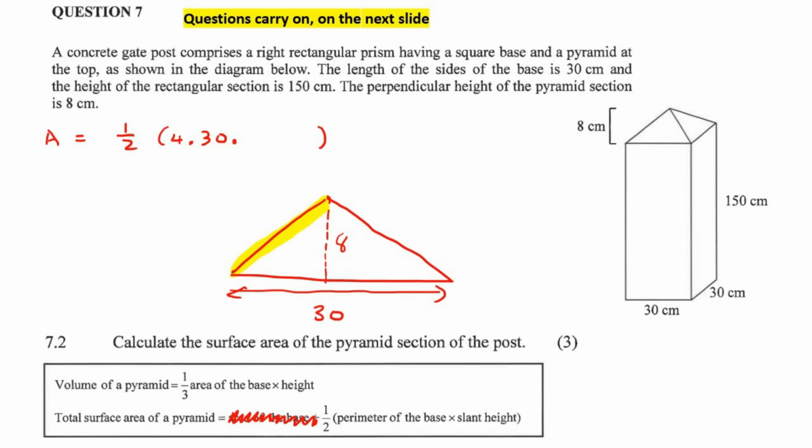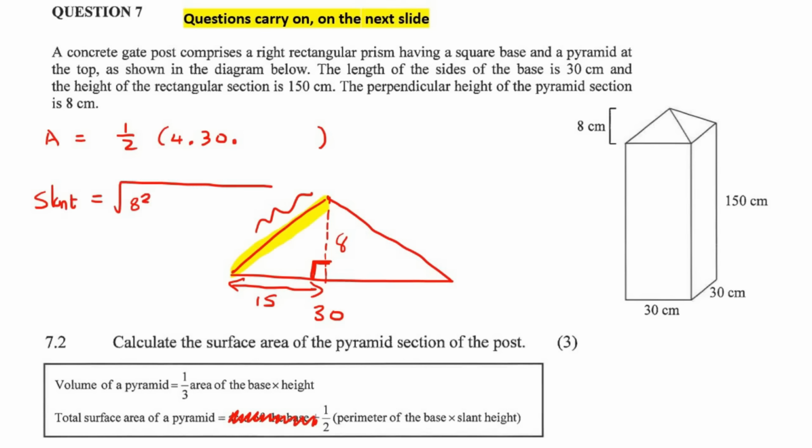So what we do is we divide this number in half. So we say 15, and that would be this piece here. Okay? Then we use Pythagoras because this is 90 degrees, and that's how we find this length. So the slanted height is equal to 8 squared plus 15 squared, and then obviously we take the square root of that.